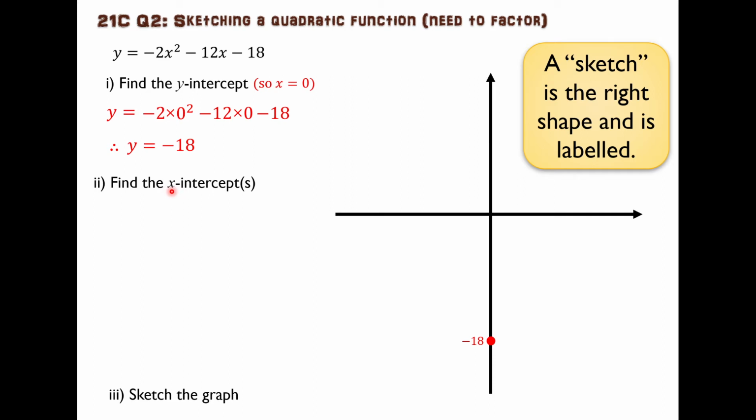To find the x-intercepts, to help us graph the function and get an idea for what it looks like, the x-intercepts are where the parabola crosses this line. And for every point on this line, it's true that y equals 0. The y-coordinate of this point here is 0. So to find the x-intercepts, we let y equal 0 and substitute that into our equation.